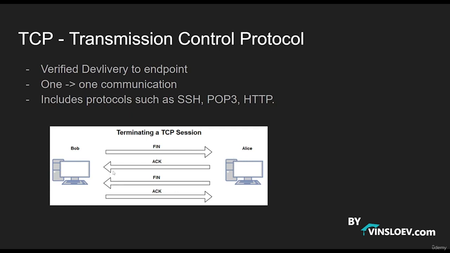That is where TCP differentiates itself from UDP, because every time a package is sent, the receiving party acknowledges the sending request, and then the flow continues where we send something and we get an acknowledgement back. And this TCP protocol is used within, for example, POP3 and HTTP. So these are some protocols that use the TCP protocol to work online.